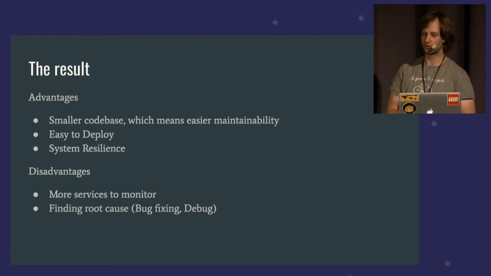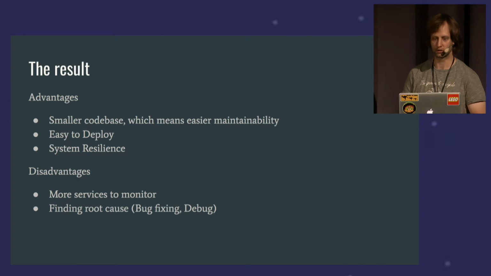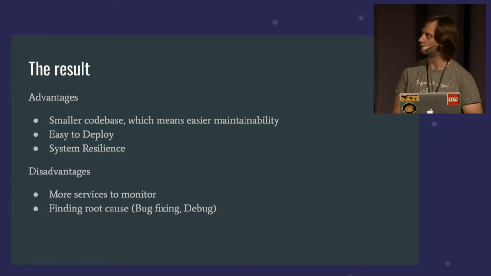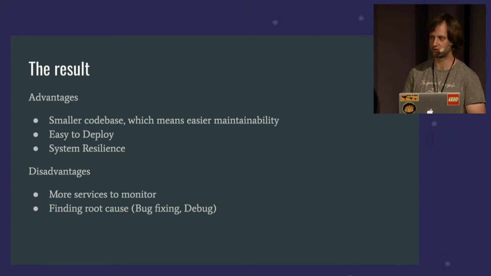So going microservices gave us a lot of advantages that you often find in other projects. But for us, it was to have a smaller code base, which means more maintainability. It was also easy to deploy. We also have more system resilience because we had a lot of issues before.